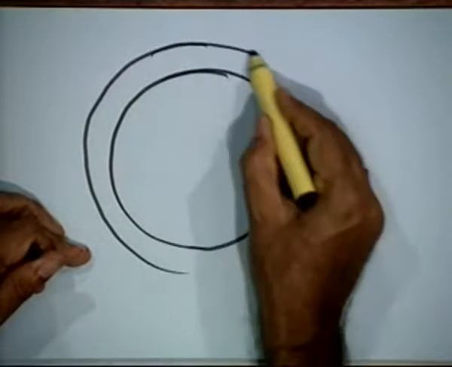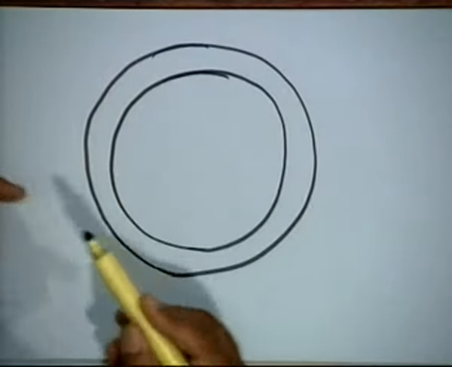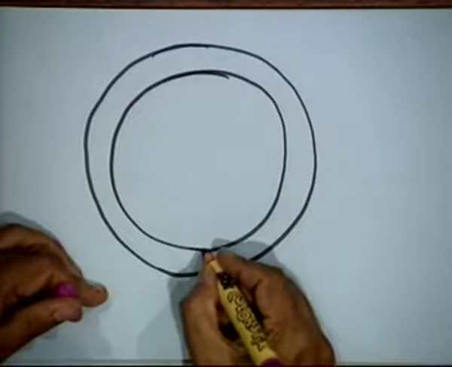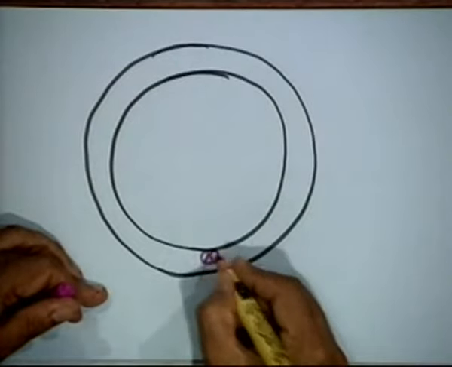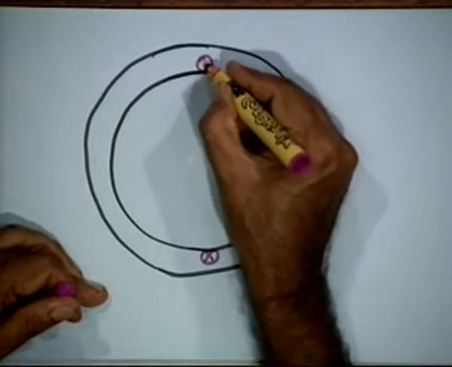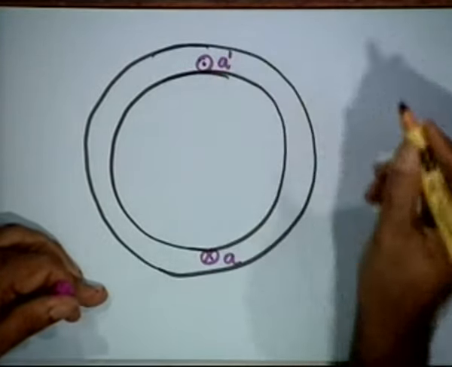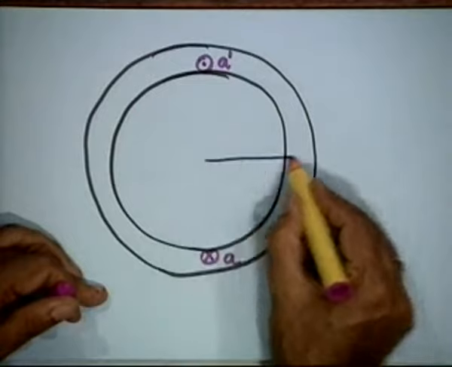We have the machine, with winding A, with cross and dot, let us say A dash. So, its axis is here.